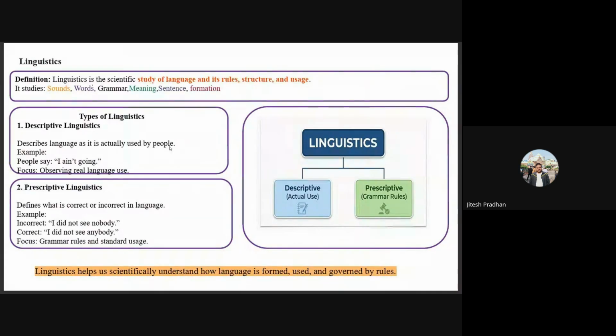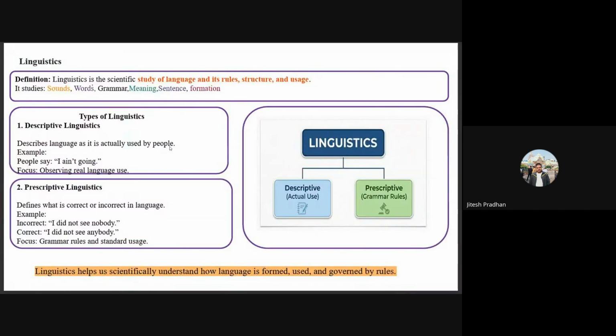Because we are talking about NLP, it gives a computer the power to understand human language, interpret it, generate it, or convert one human language to another. That is the definition of linguistics. It is the study of sounds, words, grammar, meaning, sentences, and their formation.